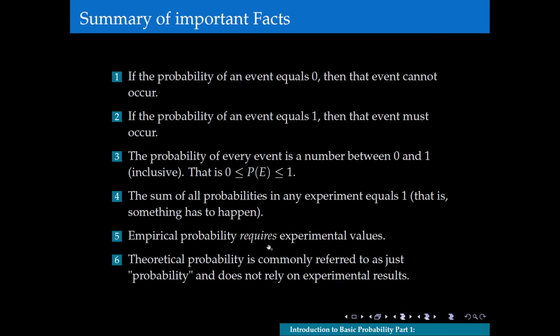Empirical probability requires experimental values, so they require these observed frequencies or relative frequencies in order to apply empirical probability. While theoretical probability, which again is commonly referred to as just probability in most contexts, does not rely on experimental results. It's purely a theoretical construct that relates the number of favorable outcomes to the number of possible outcomes.